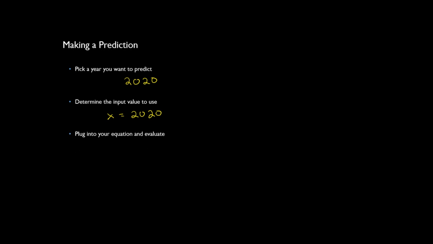Now we're going to plug it into the equation, and then we're basically evaluating the right side. Our equation was y equals 25x minus 49,305. So I'm going to plug in for x the year 2020, and then follow the order of operations.